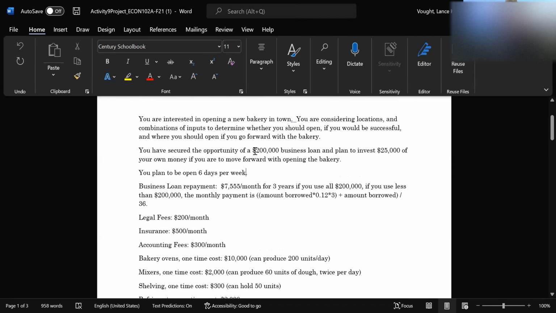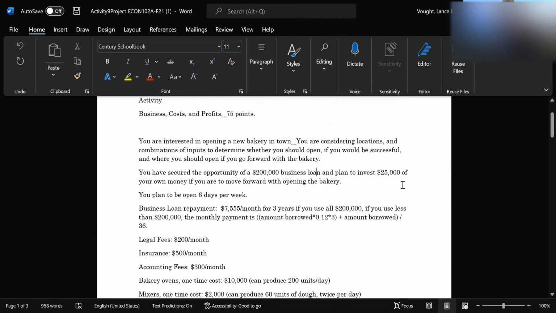So you were given $200,000 for a business loan. You shouldn't have to use all of that. You can if you want to, but I don't see a situation where you would. You also have a choice between using the $25,000 of your own money to make it less money that you borrow, or you could just ignore that money altogether and just exclusively borrow money.